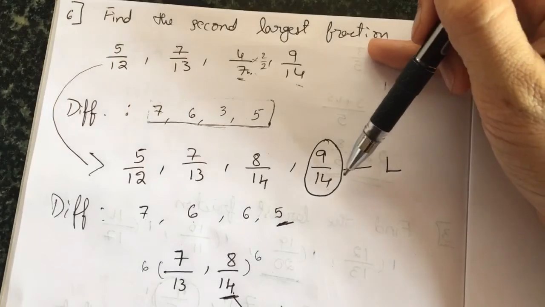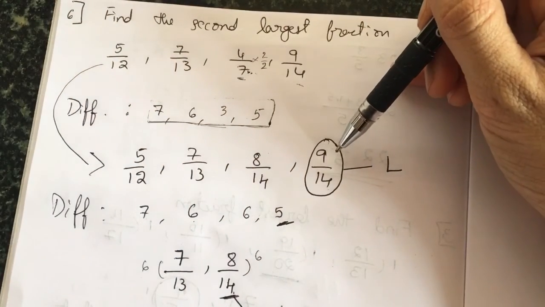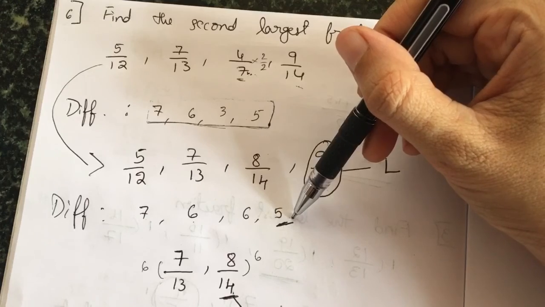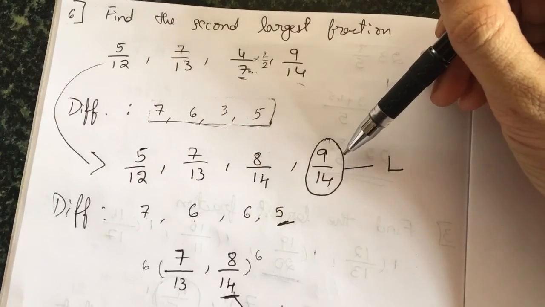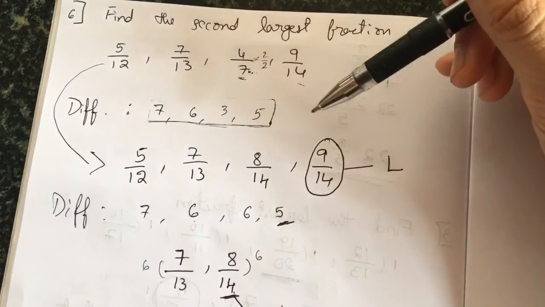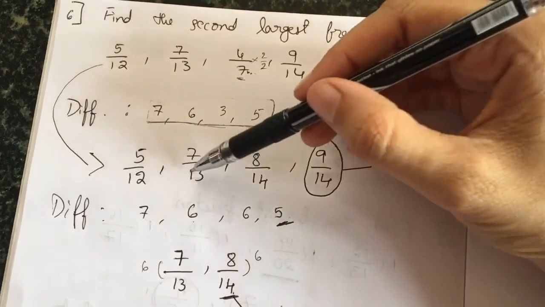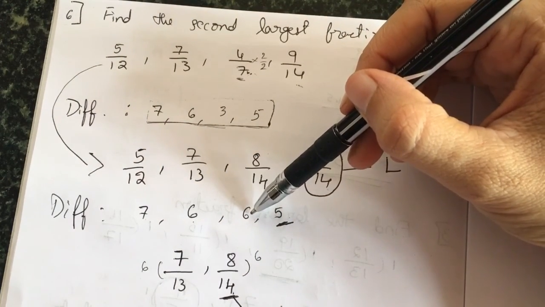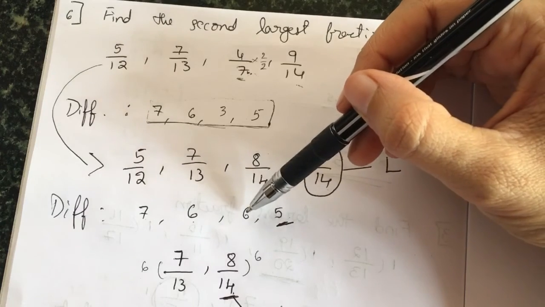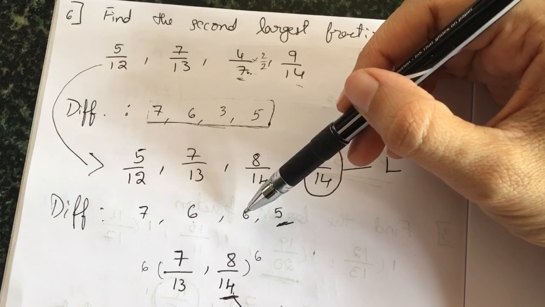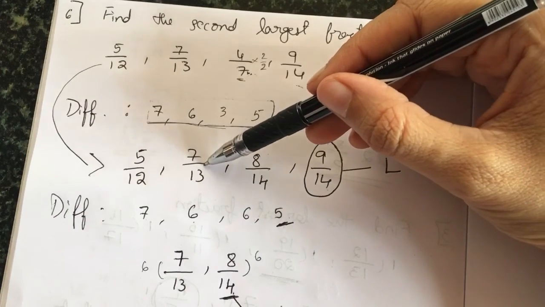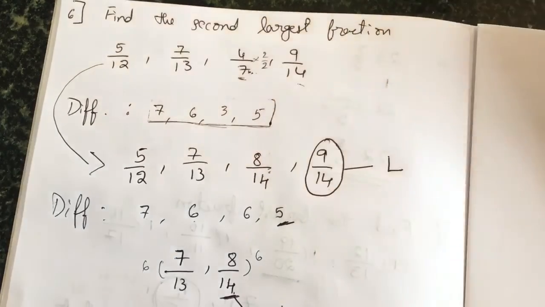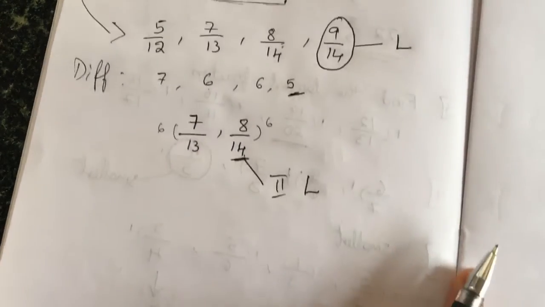Now in this case, this has got the less difference between the numerator and denominator, so this will be the largest one, right? And to get the second largest, these two have got same differences. So when you have same differences, the fraction with the smaller number will be the smallest one, so this will be the largest one. Therefore this is the second largest.